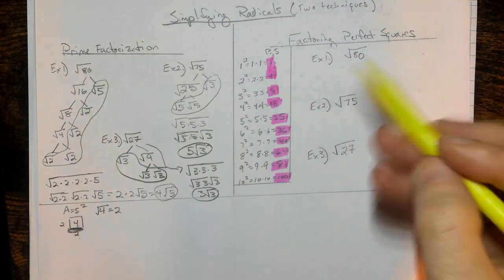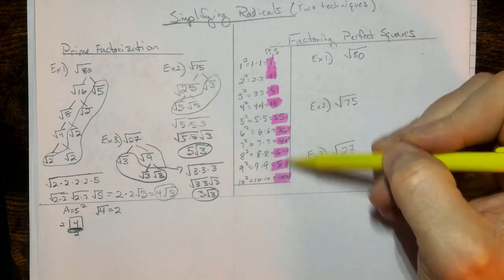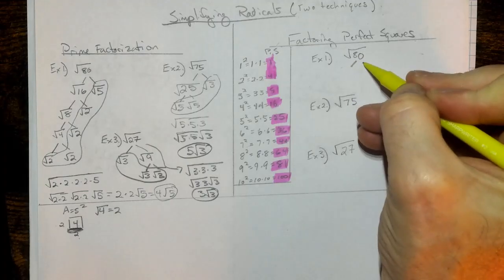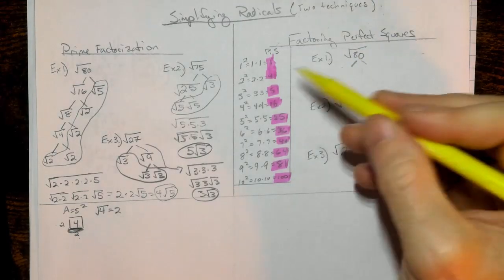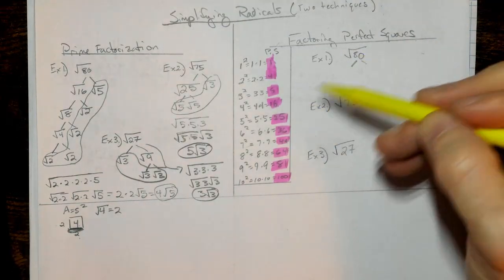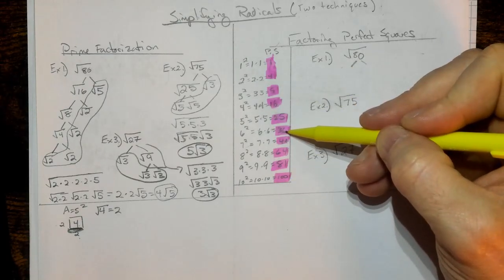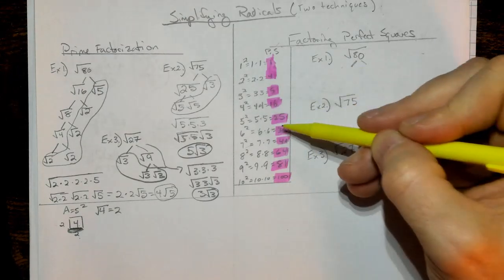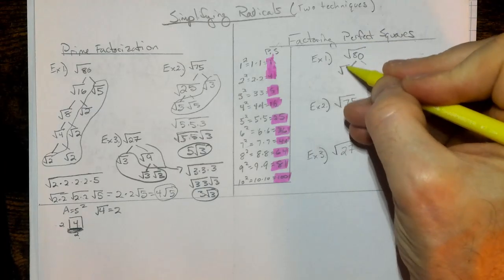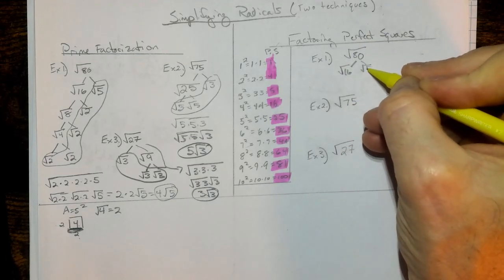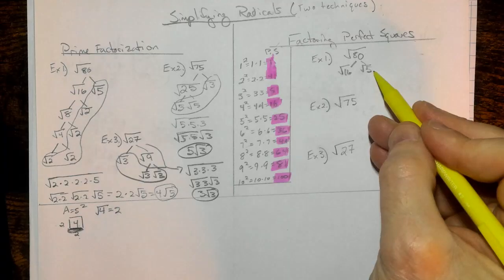Well, prime factorization is useful for understanding, but we can go faster if we know these perfect squares, because I can factor out the largest perfect square. So I'm going to go to half of 80, and in this list it's 40, but 36 doesn't go in, 25 doesn't go in, 16 does go in. 16 goes in, 16 times 5. And look at this.